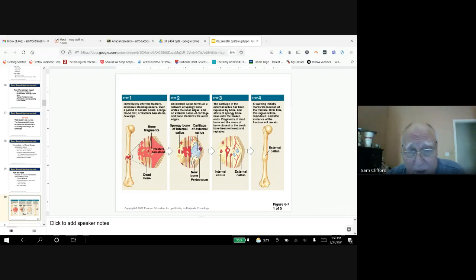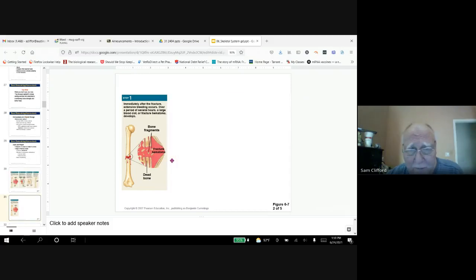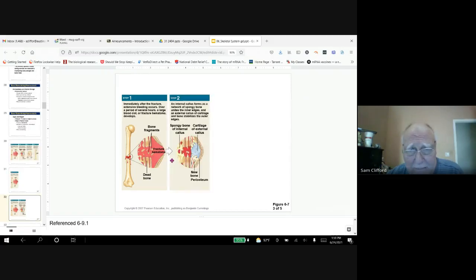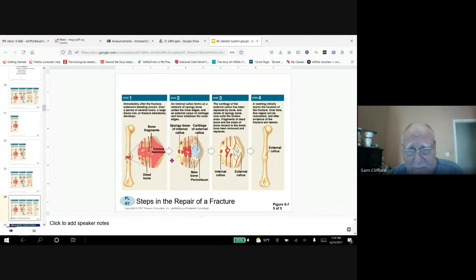Okay, I won't ask any questions on this, but we all know that bone injury can be repaired. Just make note of this process.